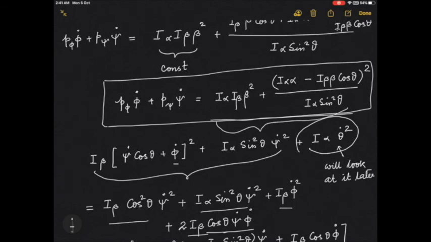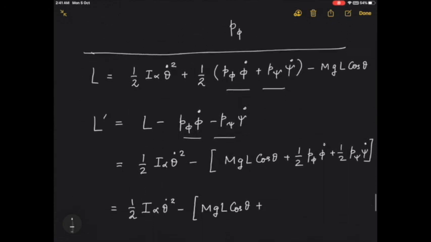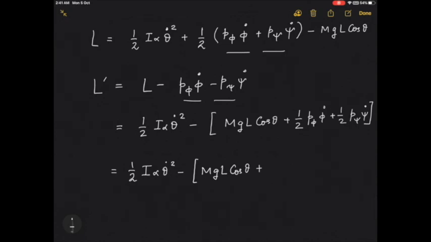So what is this? This has this term which is constant, and Lagrangian does not care about a constant term, so I can just throw it away. What all remains is I alpha minus I beta cos theta whole square by 2 I alpha sin square theta.